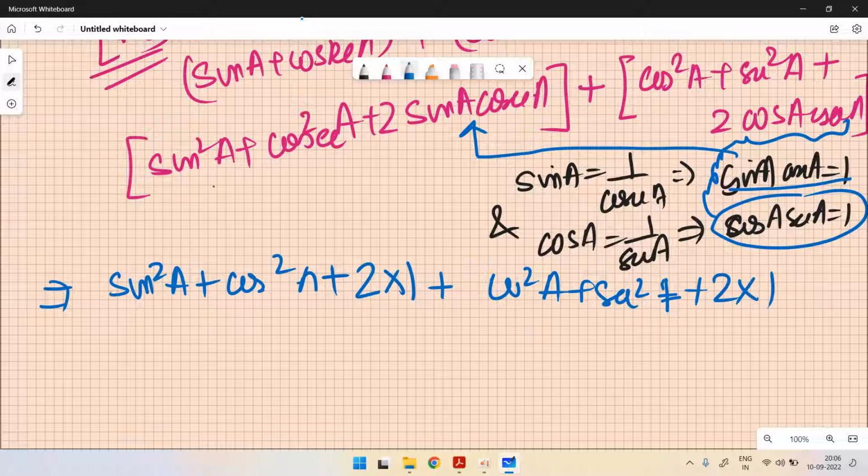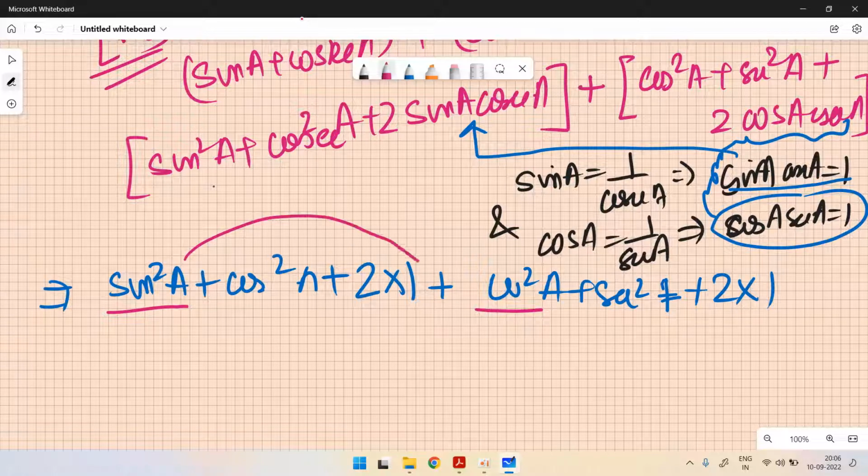Now you can see that sine square A plus cos square A is 1.